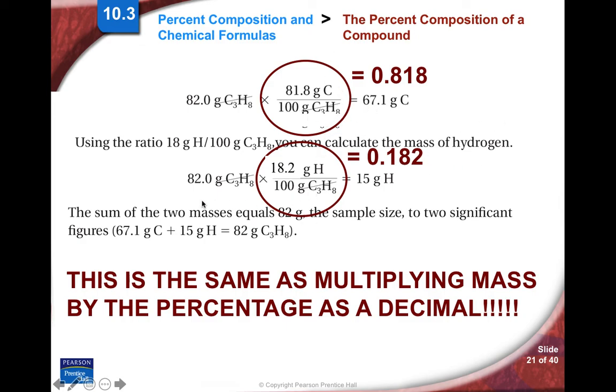I don't know. You could also do this by proportions. Blank out of 82 is equal to 81.8 out of 100, and do cross multiplication. You do what makes sense to your brain for calculating. It doesn't matter to me as long as you get the right answer.